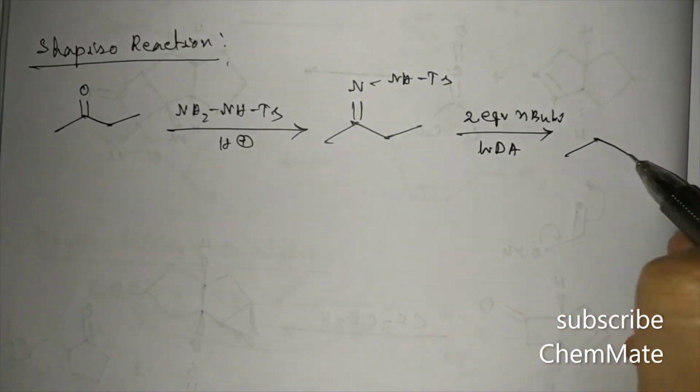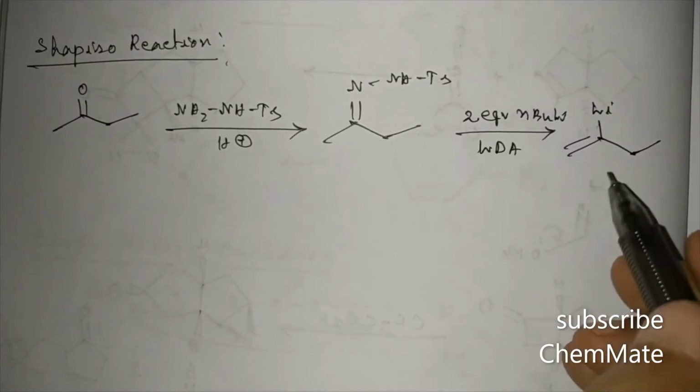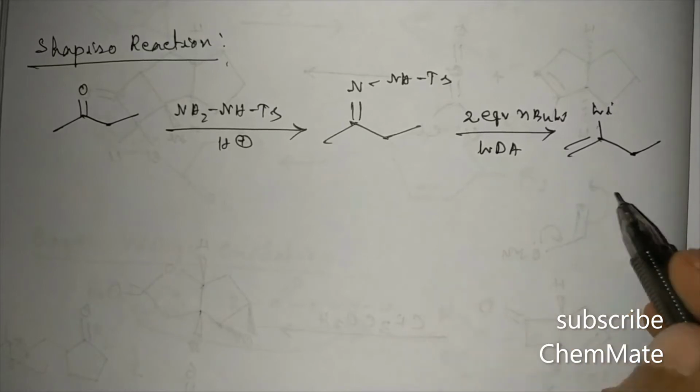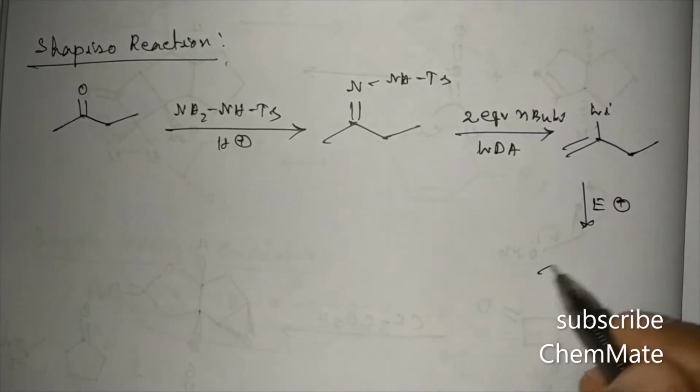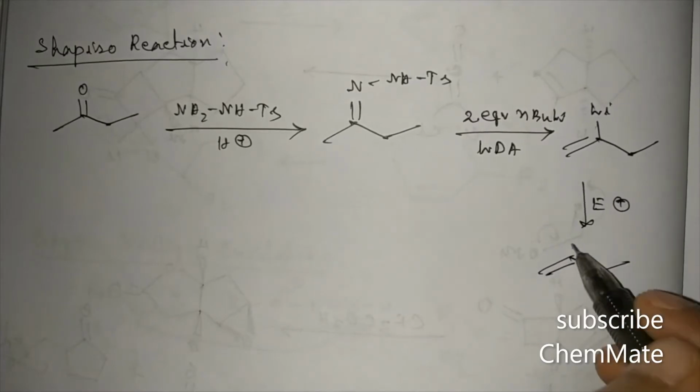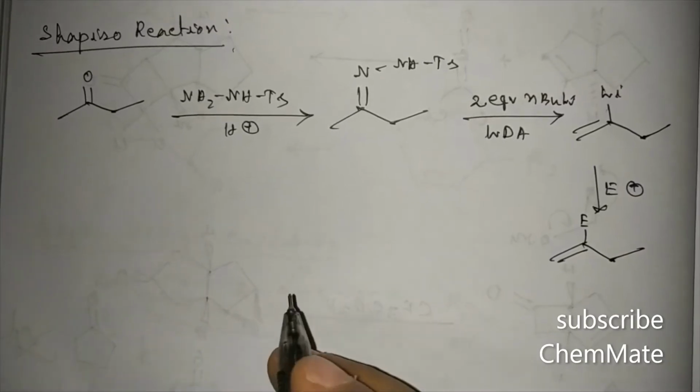Then it will be converted to an alkenyl lithium species, and that must be the less substituted alkene, and then it is treated with an electrophile to form the less substituted alkene product. This is the general scheme of this reaction.